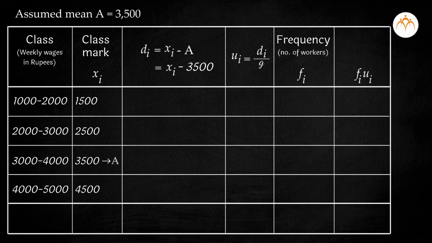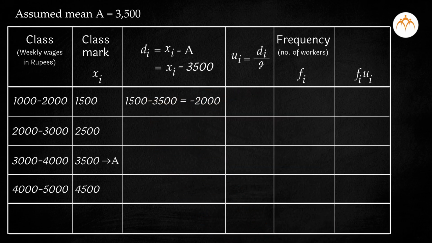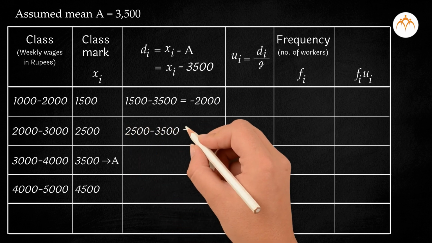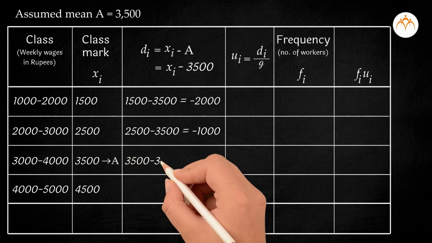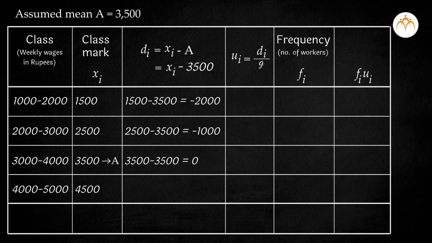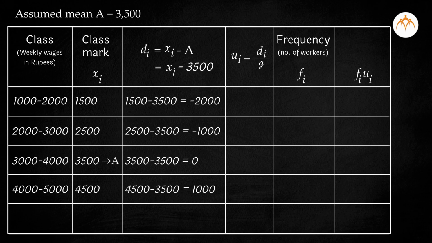Let's write down the di values, that is xi minus 3500. 1500 minus 3500 is equal to minus 2000. 2500 minus 3500 is equal to minus 1000. 3500 minus 3500 is equal to 0. 4500 minus 3500 is equal to 1000.